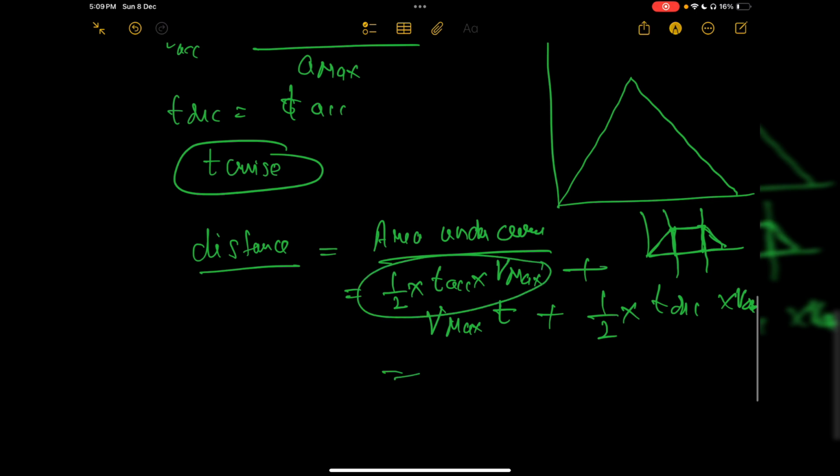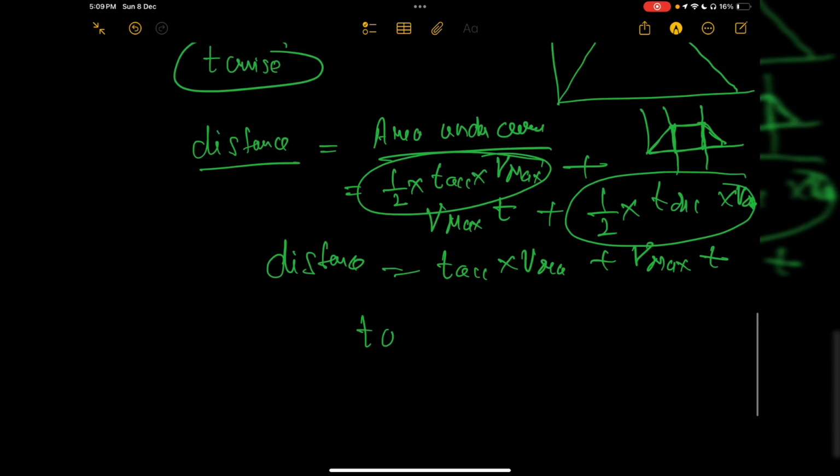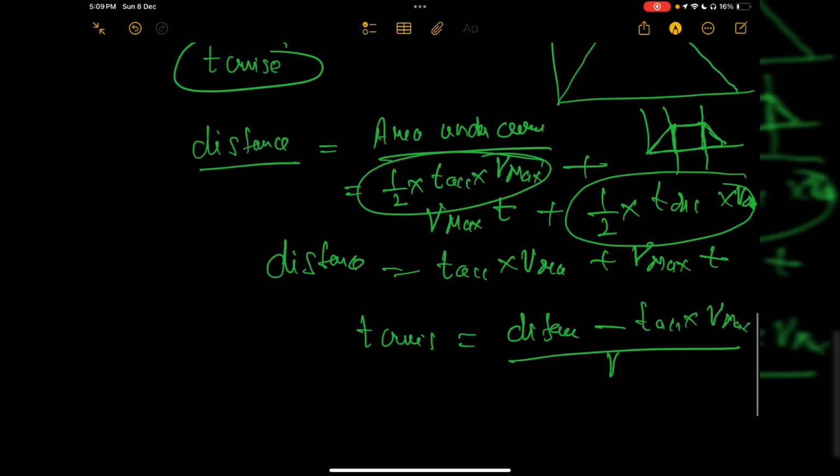We know that these two areas are the same, so this will be t acceleration into v max plus v max into t cruise, and this is the total distance. Now we'll find t cruise from here, that is distance minus t acceleration into v max, whole divided by v max.